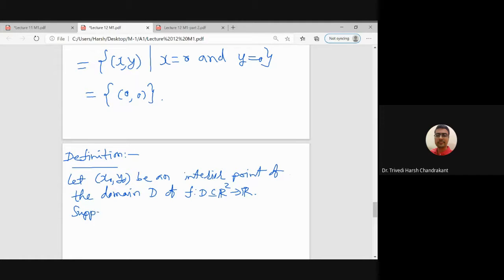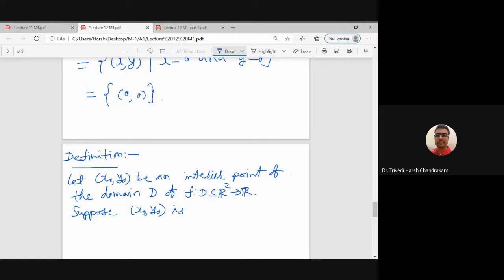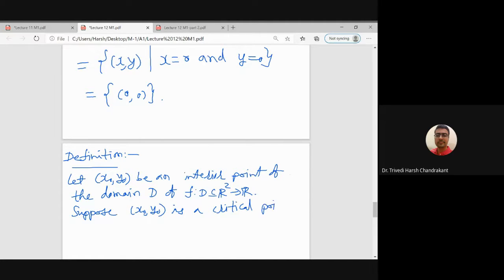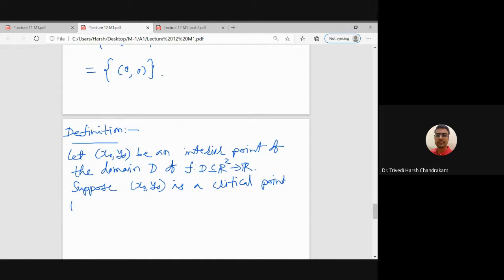Critical point means partial derivatives are zero at this point. Then we say that this point is a saddle point.